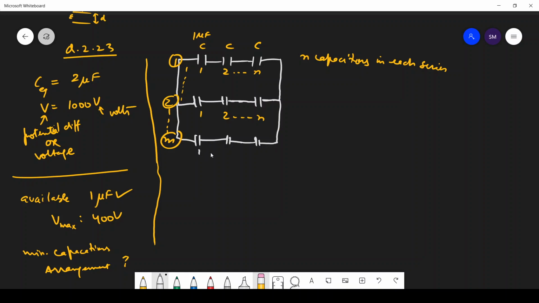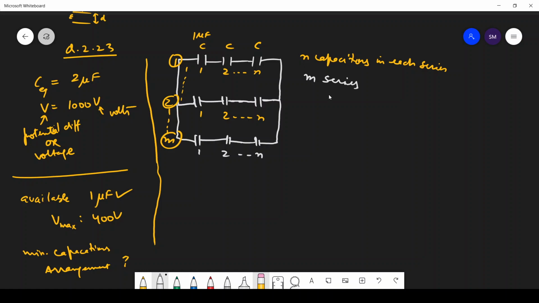So there are m series, each series carrying n capacitors.